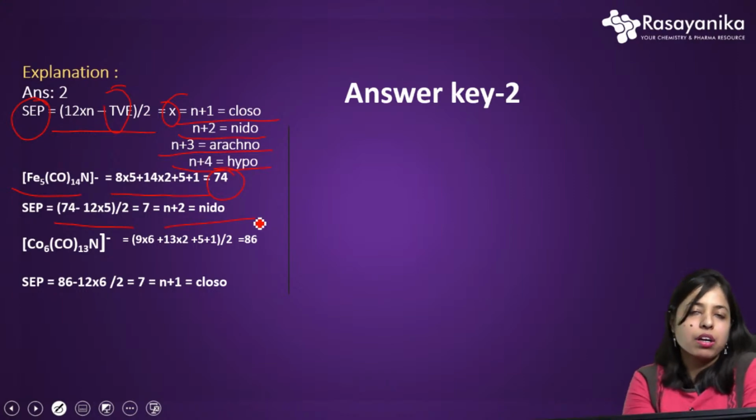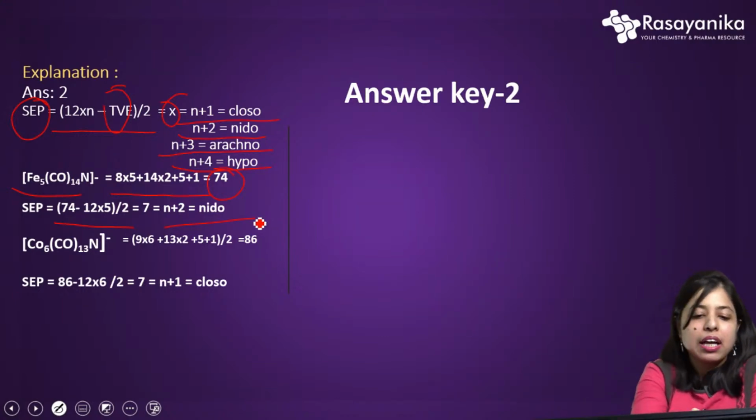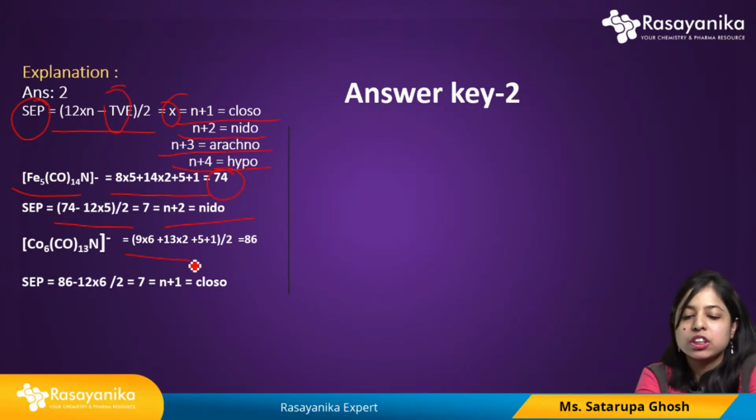For the next one, we first find the TVE in a similar way. In cobalt, you have 9 electrons, so 9 into 6, plus 13 into 2 because there are 13 CO molecules, then 5 for nitrogen, and plus 1 for the 1 charge. So you will get 86. Now for the SEP, 86 minus 12 into 6. Why 6?